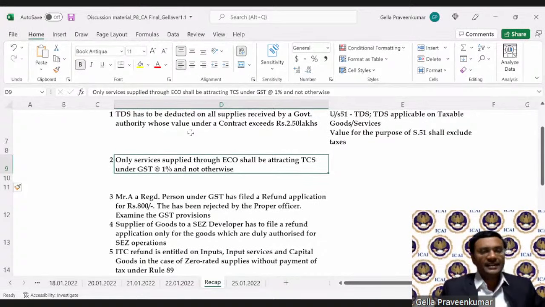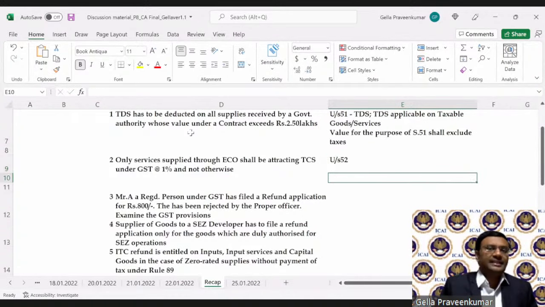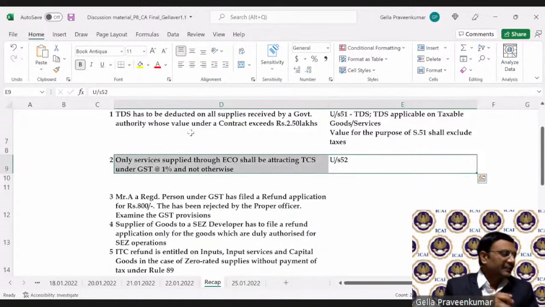The second question says, only services supplied through an e-commerce operator shall attract TCS under GST at the rate of 1% and not otherwise. Now, TCS provisions we have read under section 52. When we read these provisions of TCS, please recollect, there was no reference that only supply of goods or only supply of services attracts this provision.